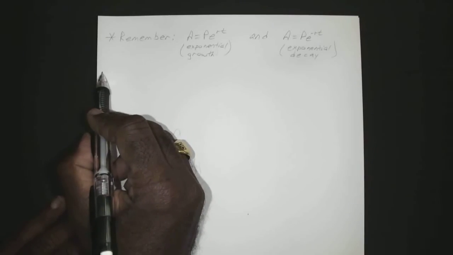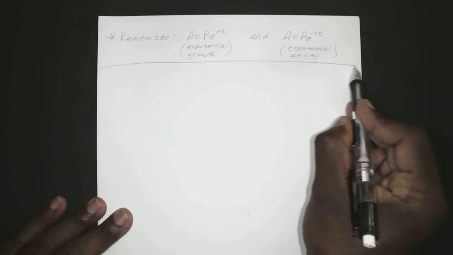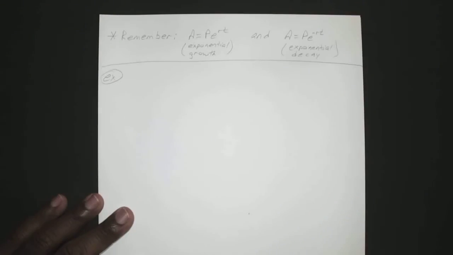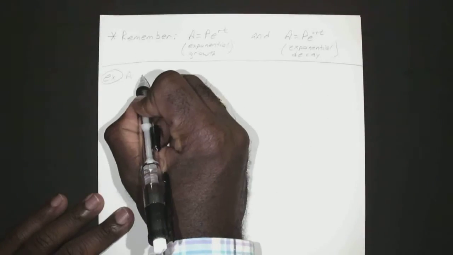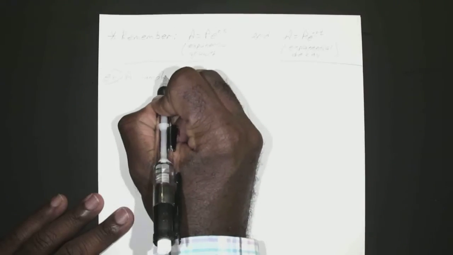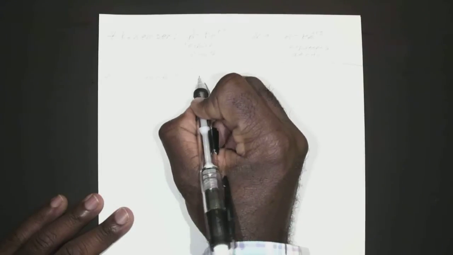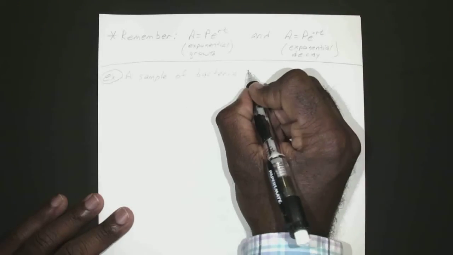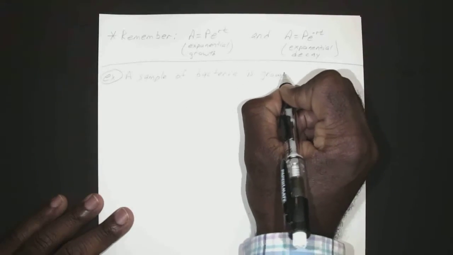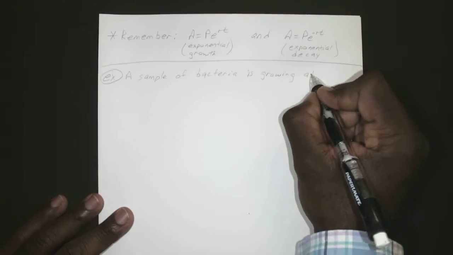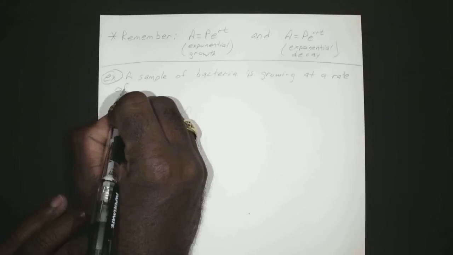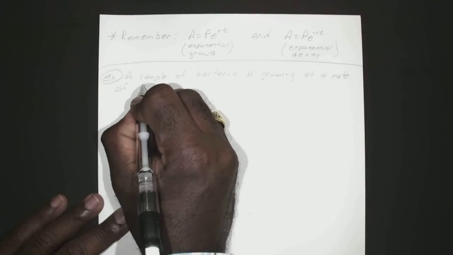All right, so let's say if we have the problem. Okay, so let's say a sample of bacteria is growing at a rate of 8% per hour.